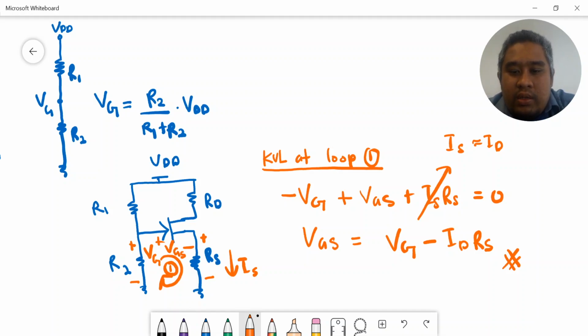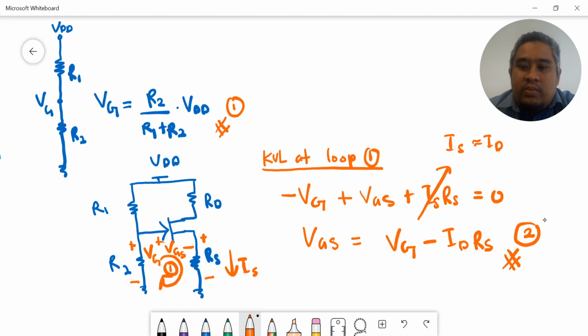Now we know the value for VG and VGS. We know the value of this one, VG, and then the second one is VGS.